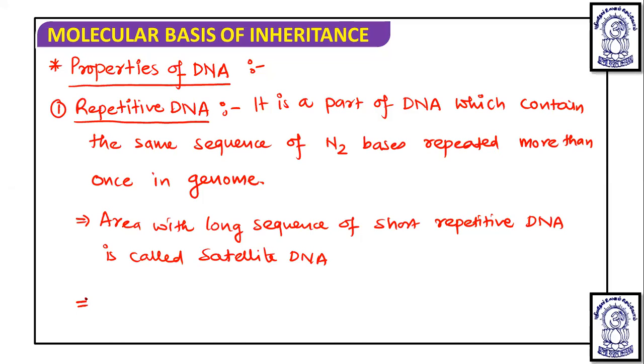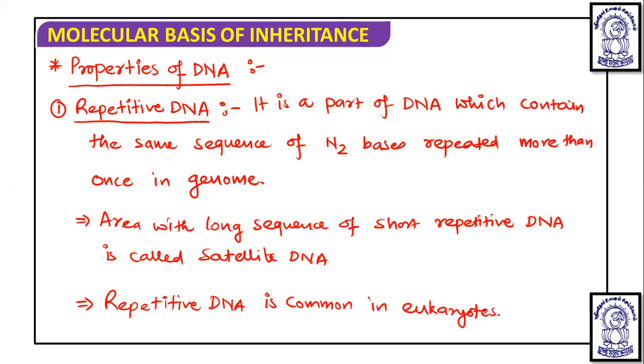We remember that repetitive DNA is common in eukaryotes. And this satellite DNA, a long sequence of short repetitive DNA, separates separately in ultracentrifugation.